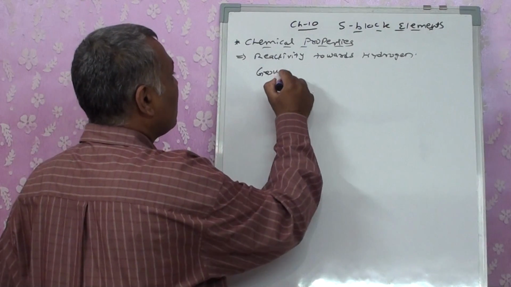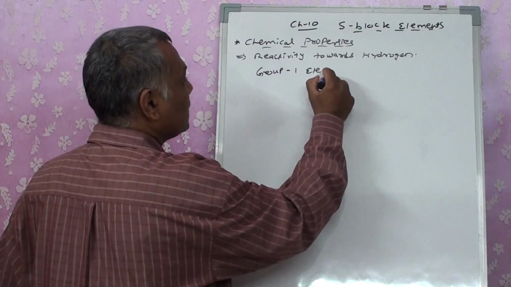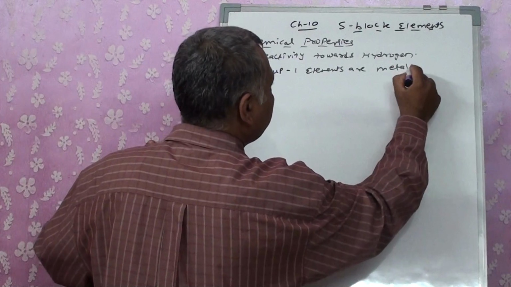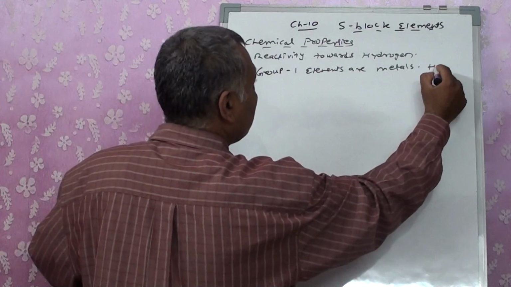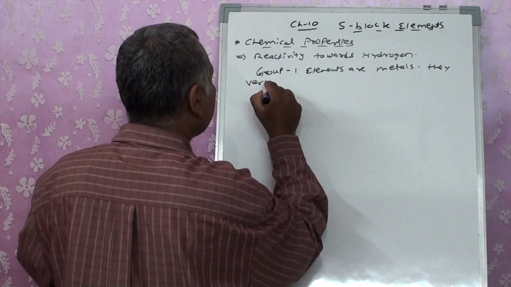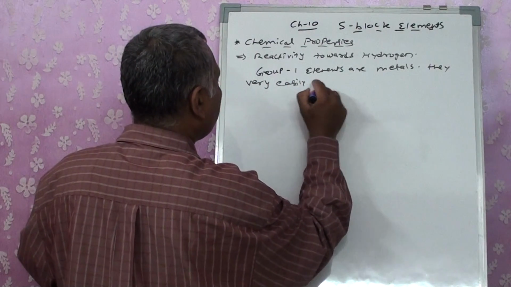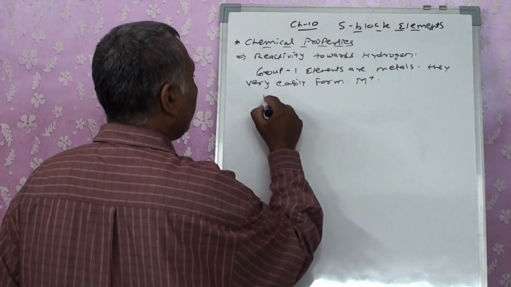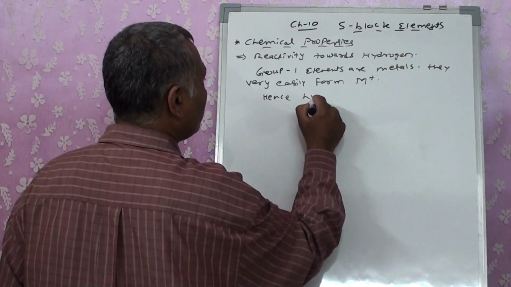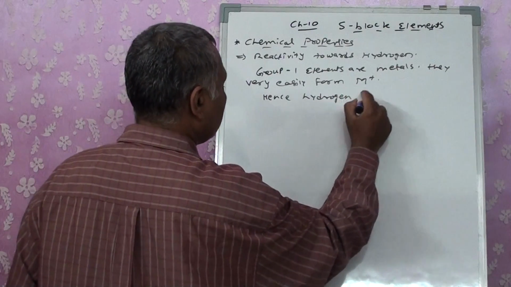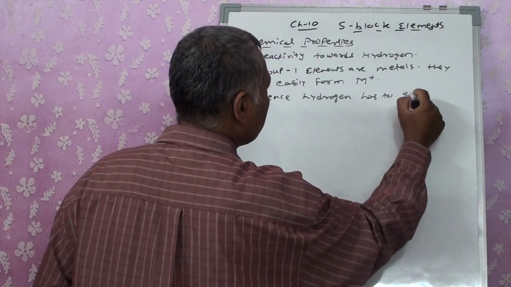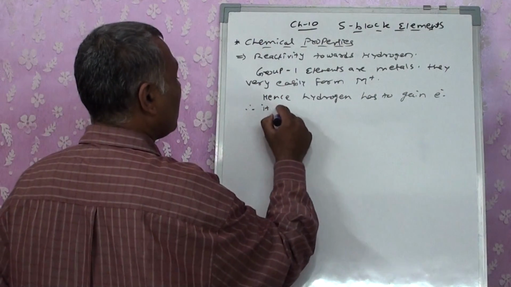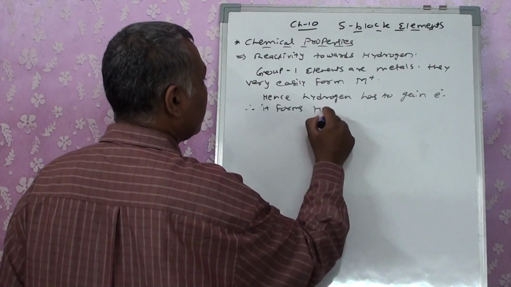Group 1 elements are metals. They very easily form M+. Hence, hydrogen has to gain an electron. Therefore, it forms hydrides.